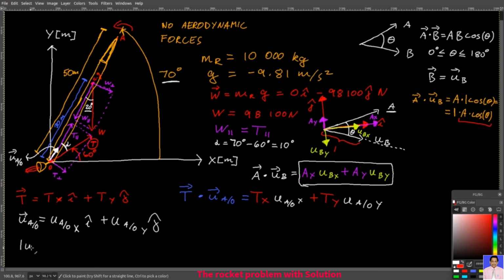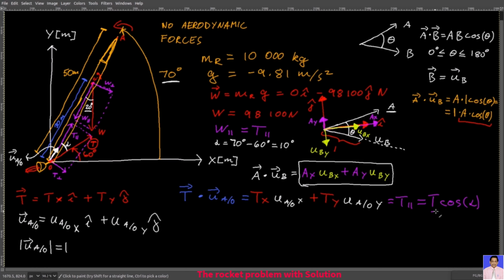And since the magnitude of this general unit vector equals 1, essentially you're obtaining the component of the thrust force along the rocket. Essentially, you get this one here, T parallel. So instead of just multiplying T times cosine alpha that we did here first, this was the formula, we can get the exact same thing using the dot product.